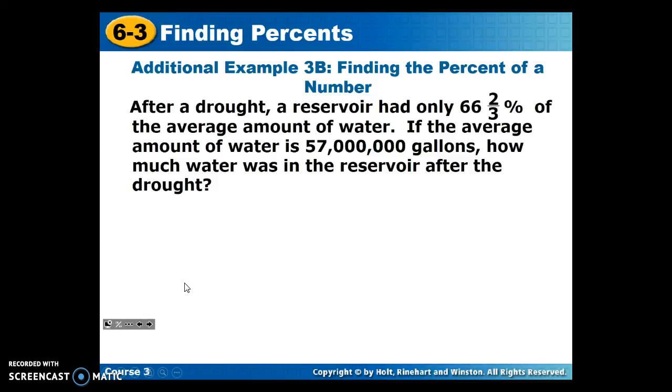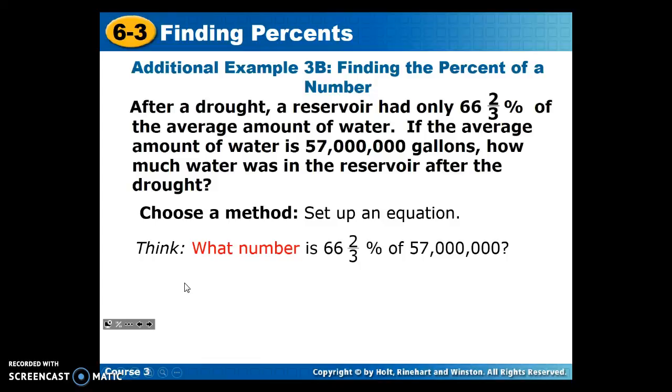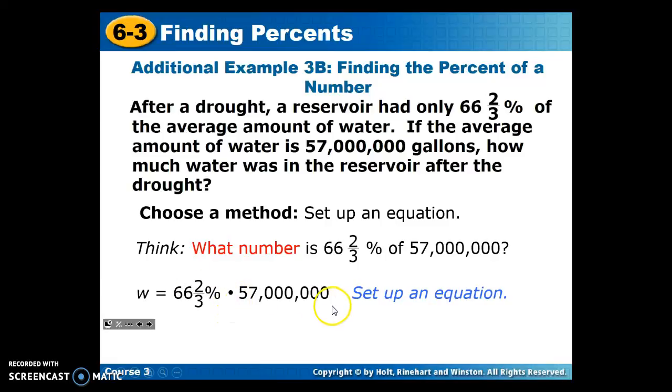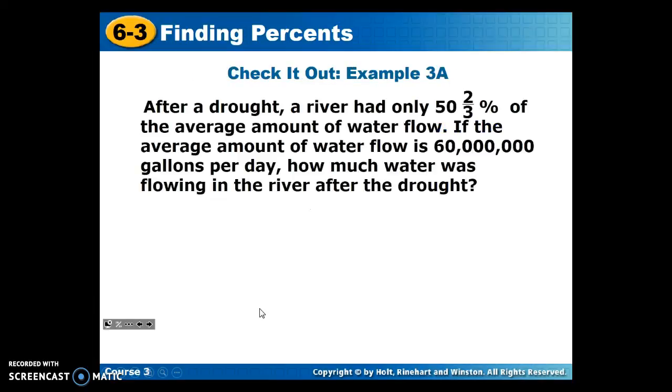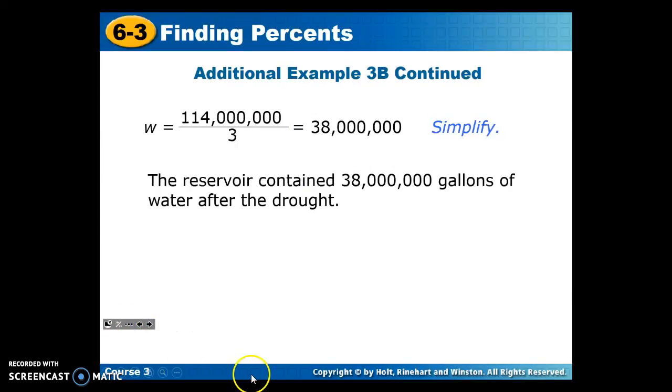So we're just looking for what is this percent of our whole. We have our percent. So again, we're looking for the part. They're making an equation here once again. Either way you would have set it up would give you an answer of 38 million gallons of water.